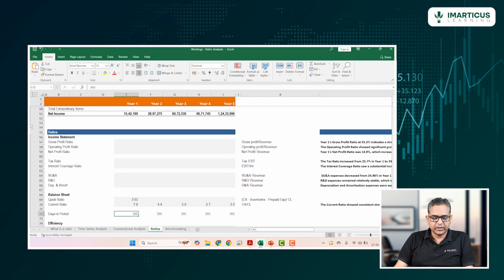Our current quick ratio is coming out to be 3.63. As we discussed, this is lower than our current ratio. This is the stress test of liquidity. That means even if the company is not able to convert its inventory into cash, that is, not able to sell its inventory and generate cash from it, even then the company has enough capacity to pay down its current liabilities. Okay.